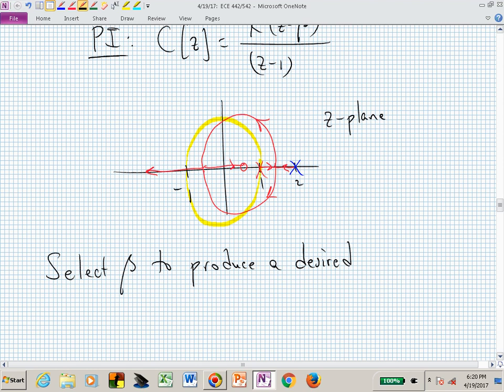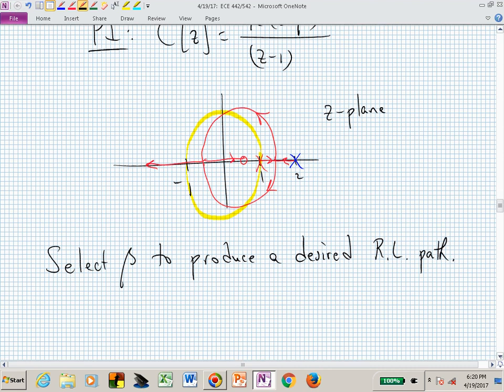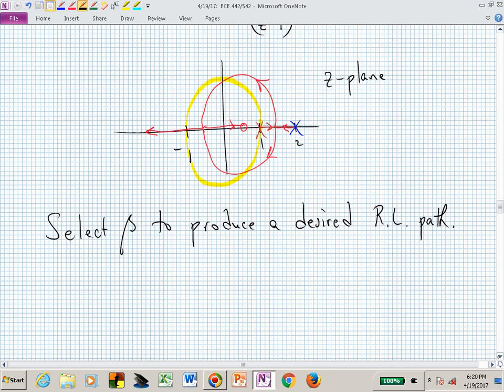Select beta to produce a desired root locus path or shape, however you want to refer to it, and K will then be selected or is used to fix the dominant closed loop poles.